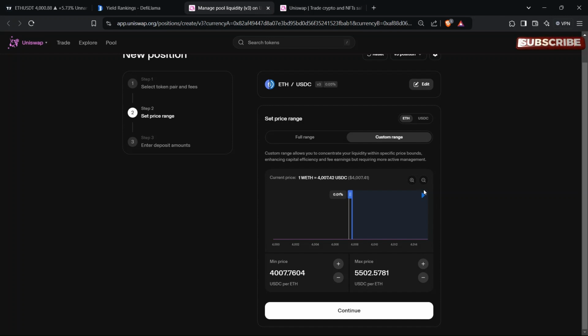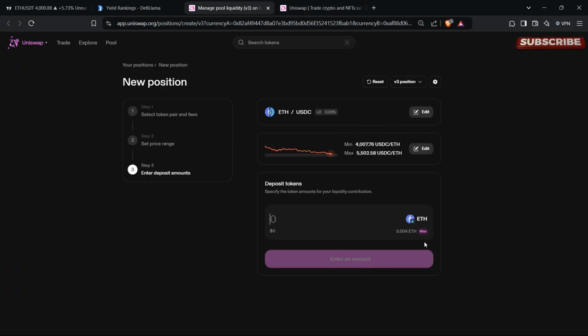In this case, as you can see here, this gives me a range of 37%. If I continue, I would enter only with Ethereum. So I could say something like that. I would enter with Ethereum 100%, as I explained before.